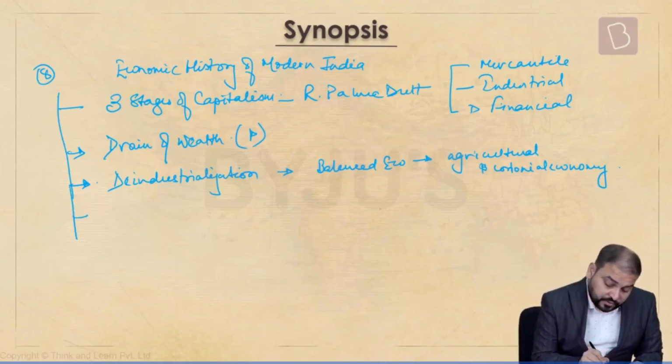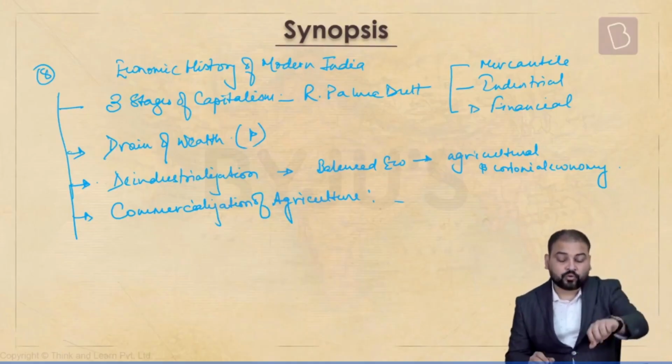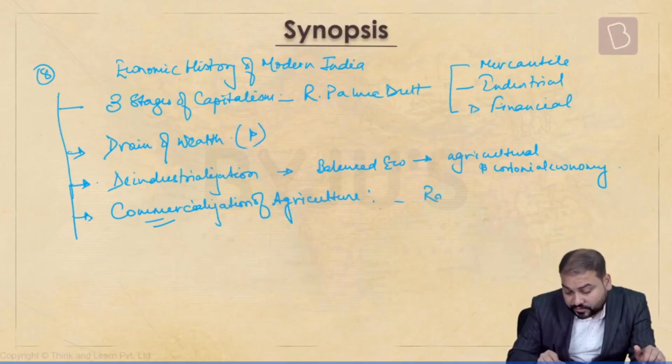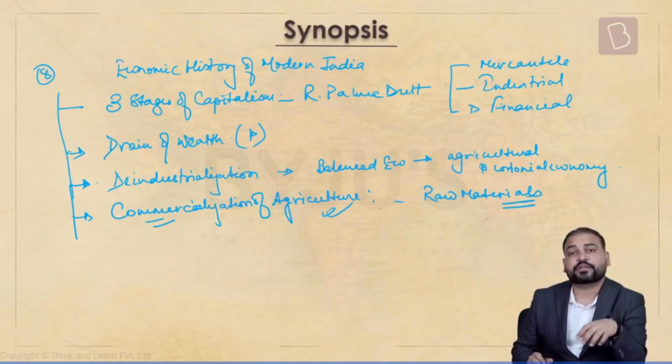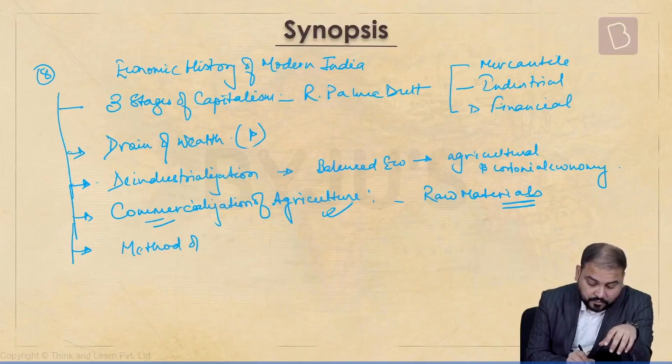After deindustrialization, we shall also see the commercialization of agriculture. How they have led to the commercialization of agriculture, because they needed raw materials. How did they do the commercialization? Of course, their method of revenue collection.